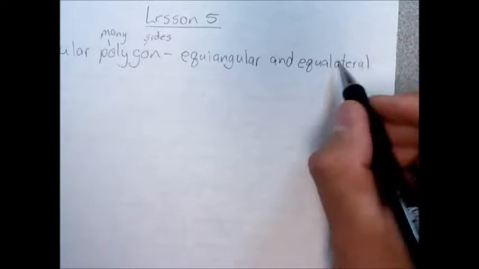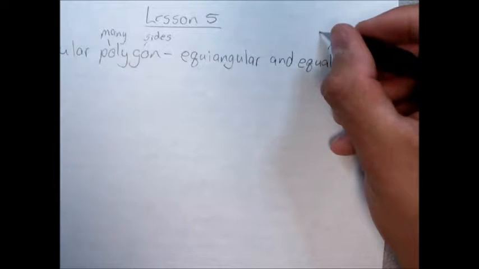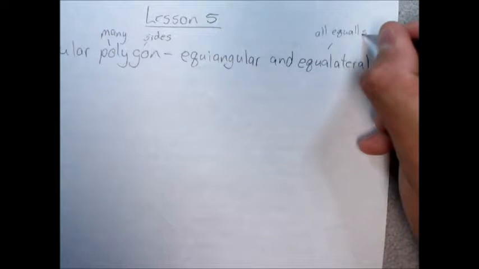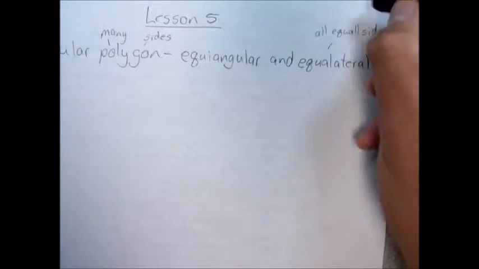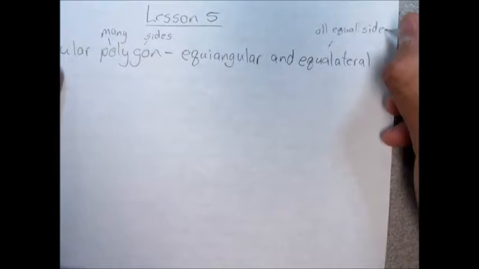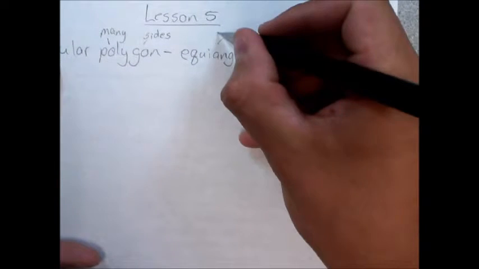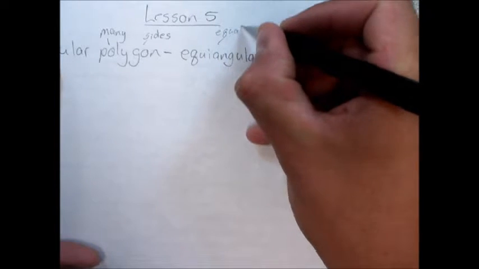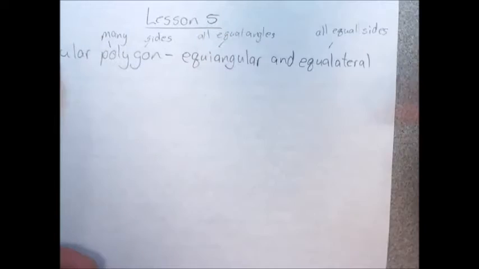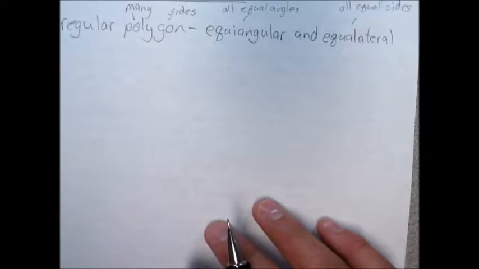Equilateral means all equal sides, and equiangular means equal angles. So, a regular polygon has equal angles and equal sides. That's all it really means. So when I say regular, that's what I'm talking about.